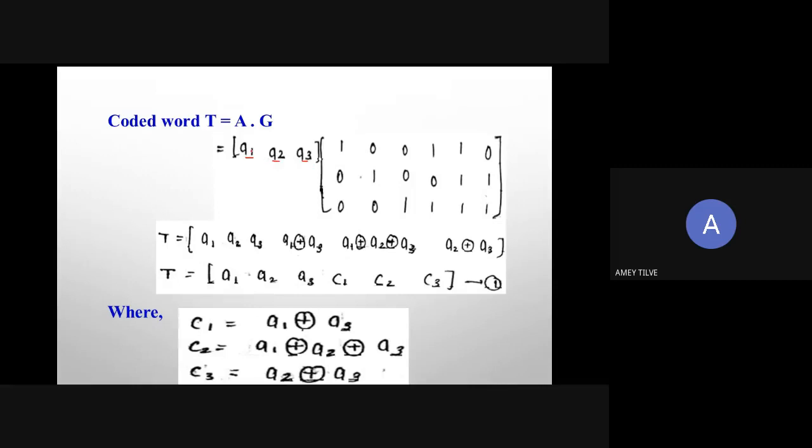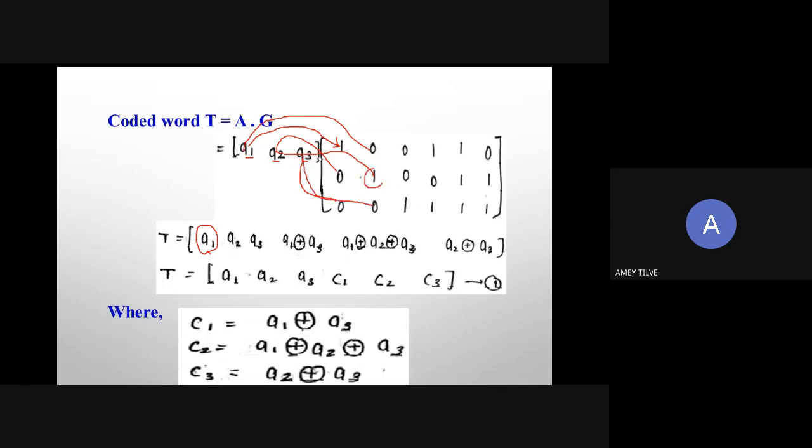What will I do now? I hope all of you know how to multiply rows and columns. So I'll multiply this A1 with this 1. A1 into 1 is A1, A2 into 0 is 0, A3 into 0 is 0. So only A1 is remaining. Then again I will do A1 into 0, which is 0, A2 into 1 is A2, A3 into 0 is 0.